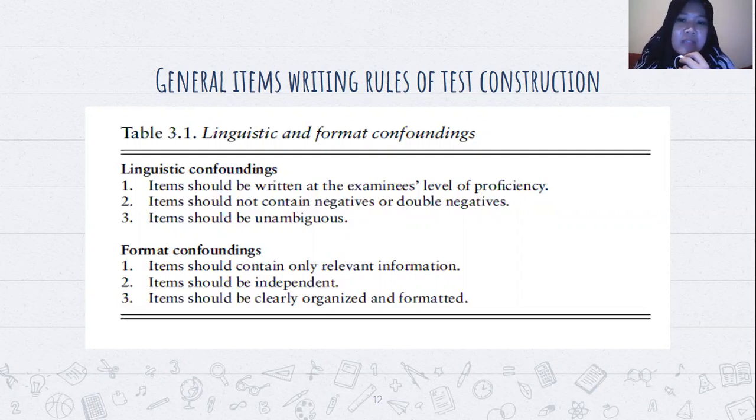So here we need to avoid giving a test in which the level of the language is above the proficiency of the examinee, because it will be difficult for them to adjust themselves in answering the questions.